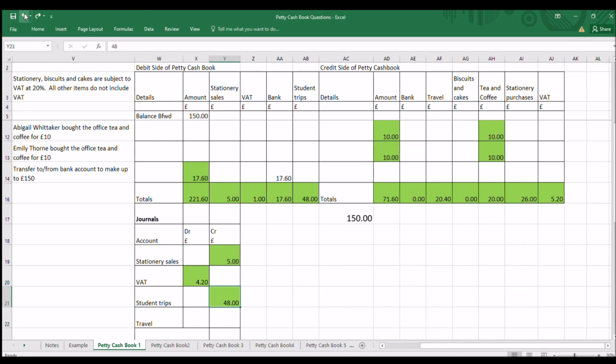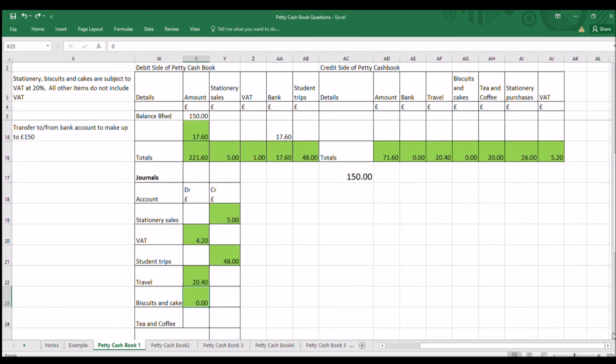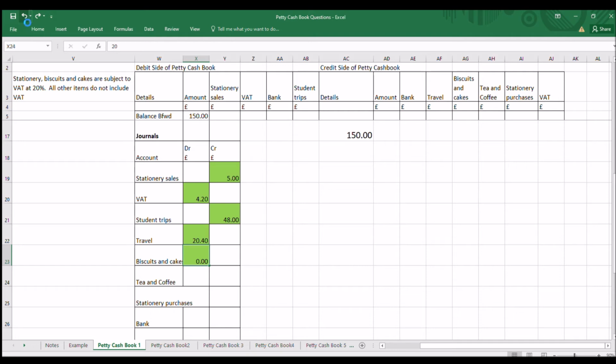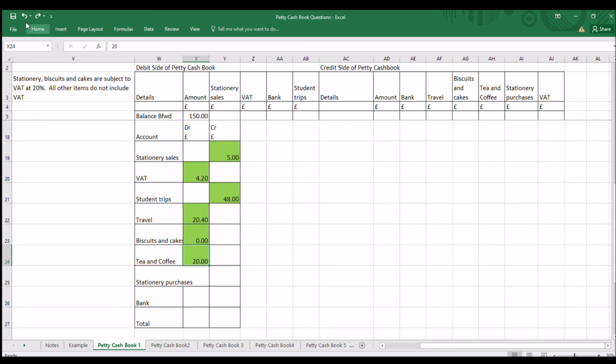We've got the student trips, debit petty cash, credit student trips, and then travel here, and then biscuits and cakes. We didn't have any biscuits and cakes. Our tea and coffee expenses was credit petty cash £20, debit tea and coffee expenses 20, and then our stationery purchases for 26, and then the transfer into the petty cash, so debit petty cash, credit the bank £17.60.